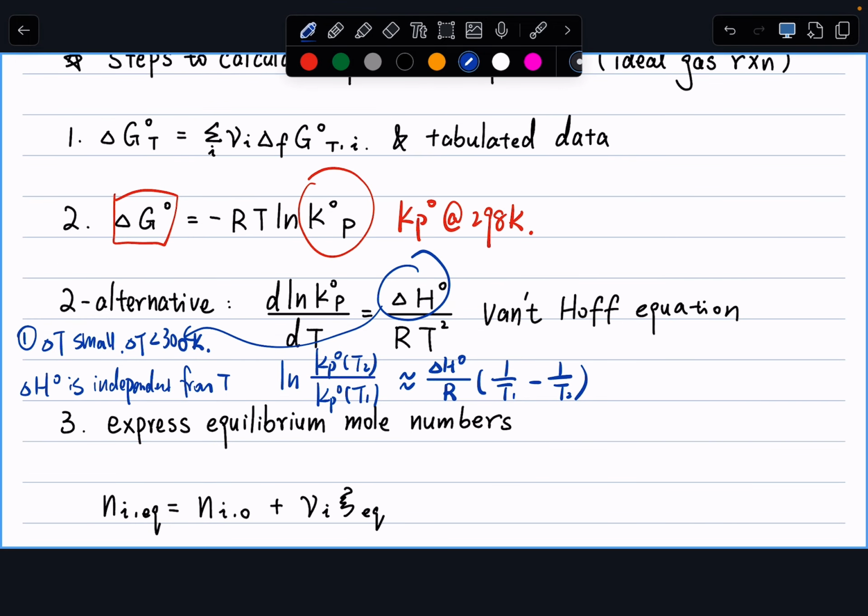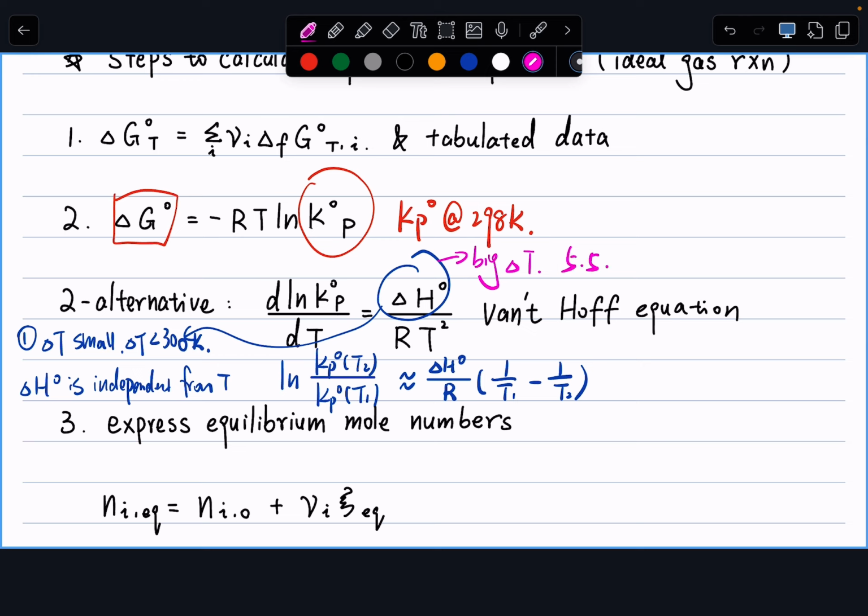Scenario 2. Now what if we have a big delta T? This actually links back to our previous discussion in chapter 5 when we talked about the temperature dependence of delta H naught.